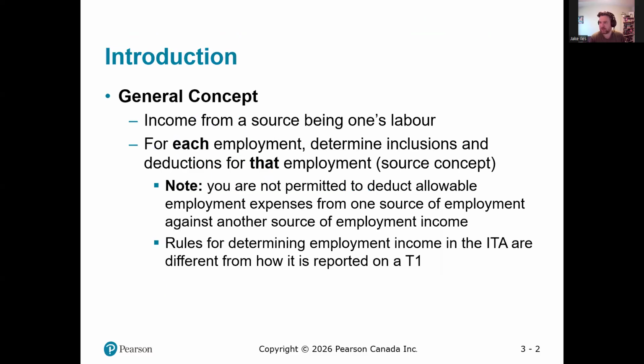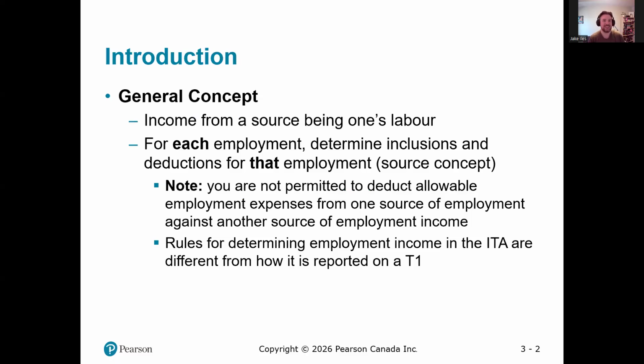So we've established that employment income is a source of one's labor. For each employment, we'll determine inclusions and deductions for that employment. We are not permitted to deduct allowable employment expenses from one source of employment against another source. So if I have a job that requires a home office, so I have some home office expenses, but on the weekends I work at a restaurant, I wait some tables.